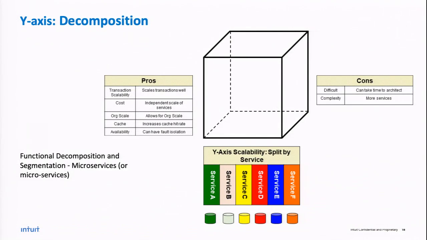Otherwise, you'll not be able to scale. So again, the complexity increases here, because you have multiple services. One service might call another service, that service might call another service. You can have a lot of transitive dependencies, and sometimes you might end up creating loops. So the architecture needs to be created very carefully in this case.